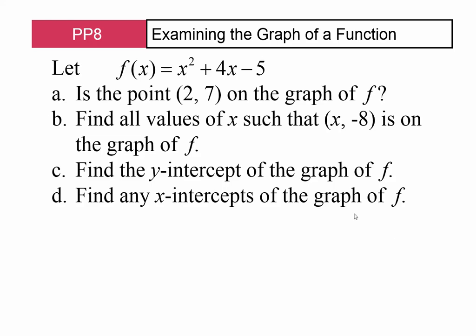So I've got f of x is x squared plus 4x minus 5, and the question to you is: is (2, 7) on the graph? And again, you want to answer that question without graphing it.